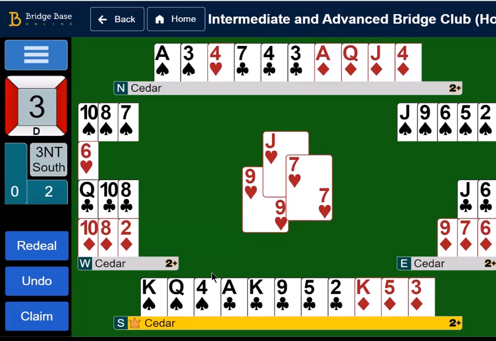It's that, as you were told at the beginning, you are playing match points. Now, the thing about match points is that the scoring is all about the number of people you beat, not how much you beat them by. So if I am able to make an additional trick here and nobody else does, I will score 460.